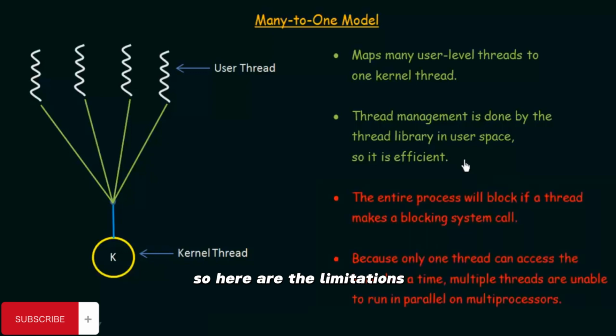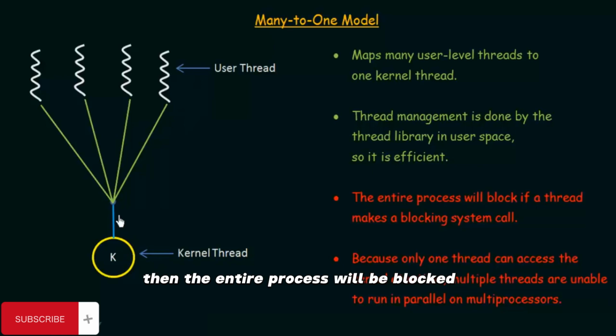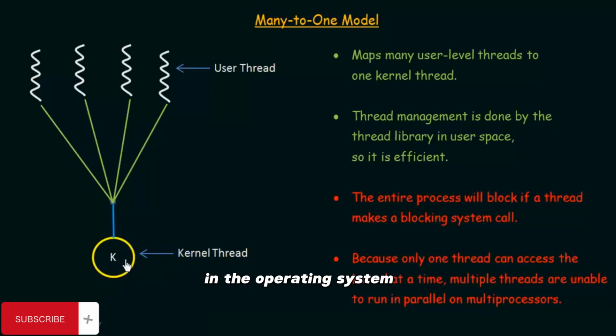Here are the limitations. The entire process will block if a thread makes a blocking system call. We see that many user threads are mapped to one kernel thread, and if one of the threads makes a blocking system call, then the entire process will be blocked. Let's say all these threads are threads of one single process doing a certain task, and all of them are mapped to this kernel thread in the operating system.